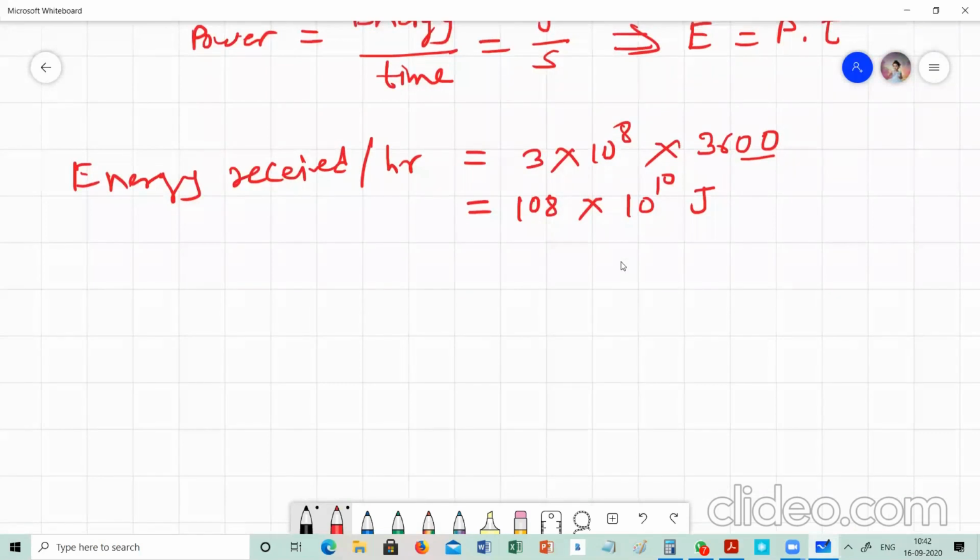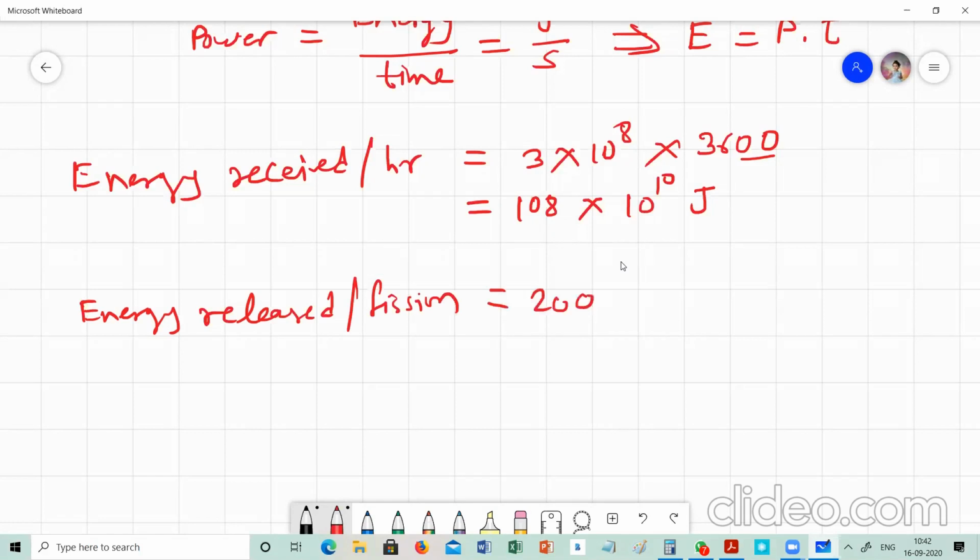Now we have to calculate the energy released by fission, which is given in mega electron volt. We have to convert that to joule. Energy released per fission is equal to 200 mega electron volt. This is the energy released by one uranium atom. As I said, 1 electron volt is equal to 1.6 into 10 raised to minus 19 joule. This we have to multiply.